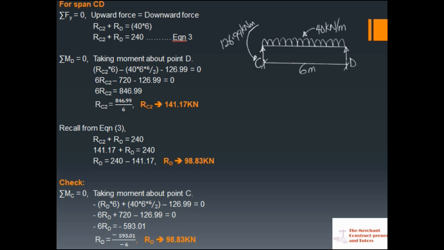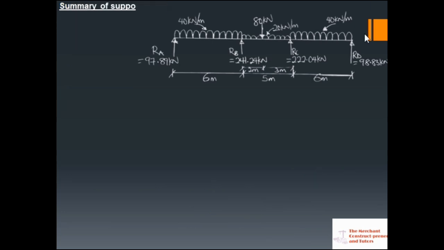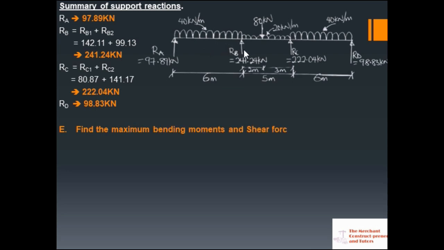So having done that, let's get everything together. Let me get everything together and then express it. So this is it, RA from our calculation 97.89, RB. Now we have this support, RB1 is towards this side, RB2 is towards this side. So both of them together are the reaction at this point here.